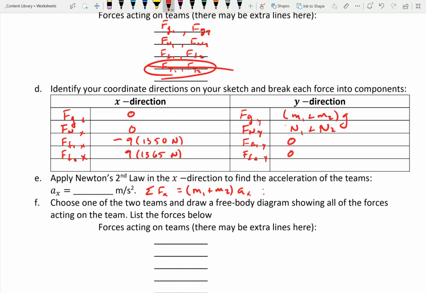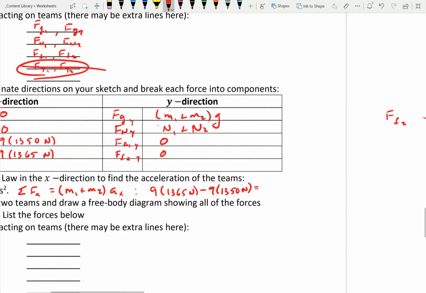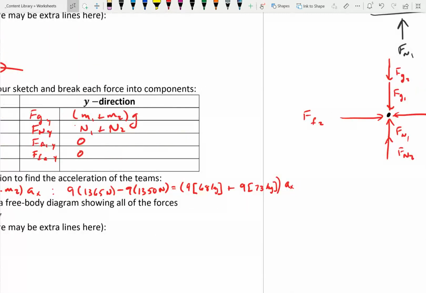If I add up those columns, I have 9 times 1365 newtons minus 9 times 1350 newtons equals, and then my m1 is 9 times 68 kilograms. My m2 is 9 times 73 kilograms times a_x. So now I can just solve for a_x by dividing.